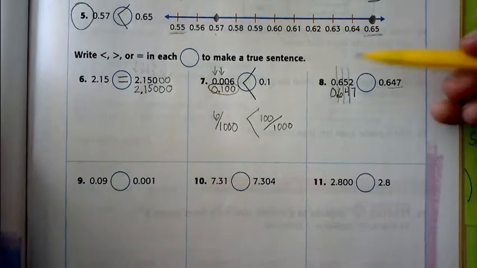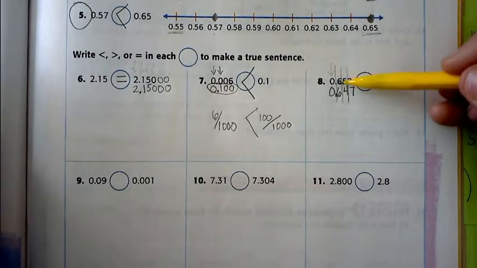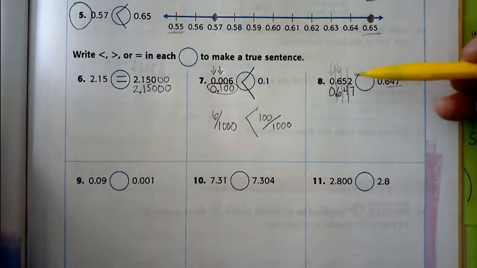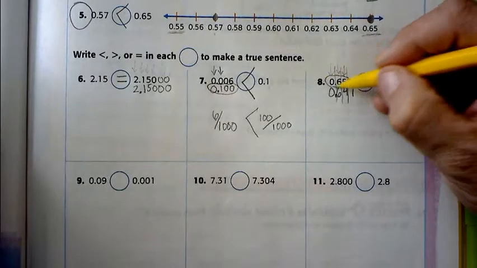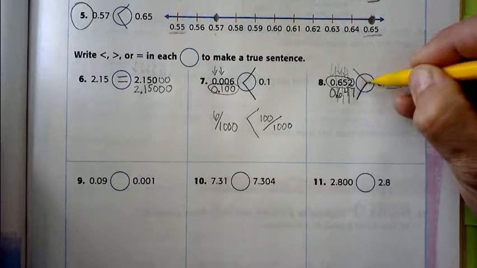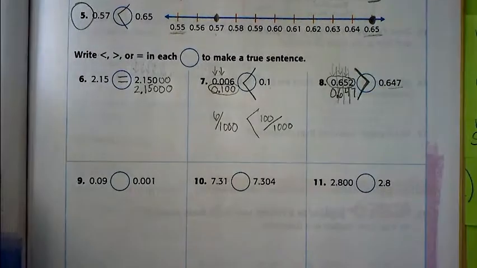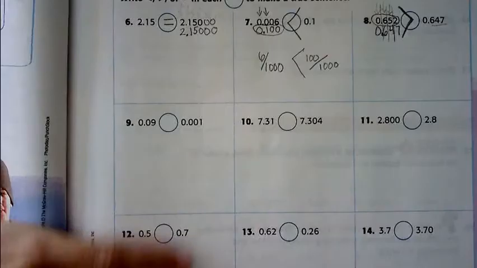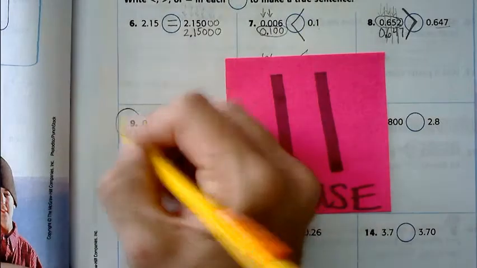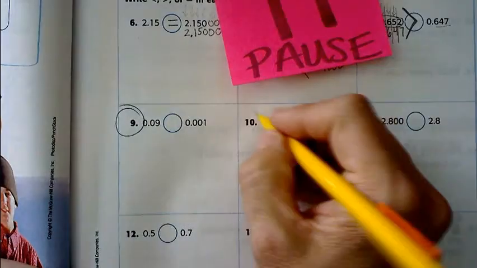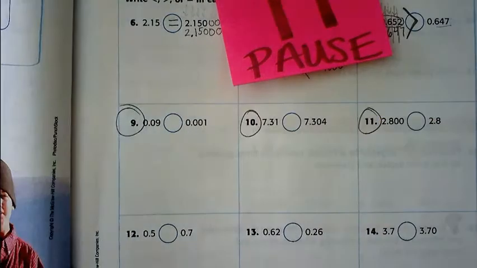So now we start comparing. 0 and 0, same. 6 and 6, same. 5 and 4, which is bigger? 5. So that whole number is bigger. Okay, let's go ahead and pause here, and we're going to do number 9, number 10, and number 11, and then we're going to come back and check your work.